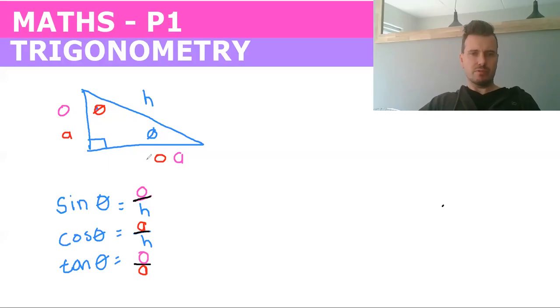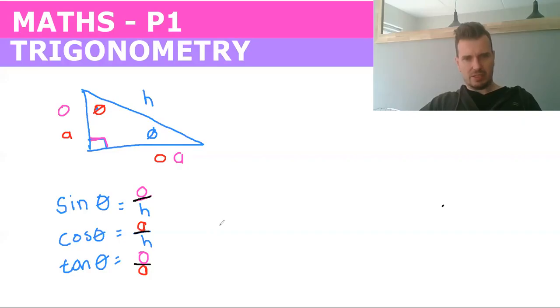Okay, and so if we were looking at sine theta with the red, then suddenly the opposite becomes the red. So sine of the red is equal to the adjacent of the blue one. So that's where we get the formula. Because these two are interchangeable, and if this here is 90 degrees, then this plus this is 90.